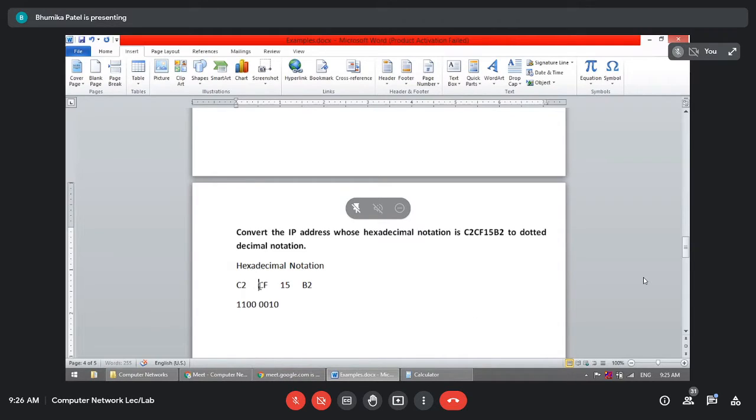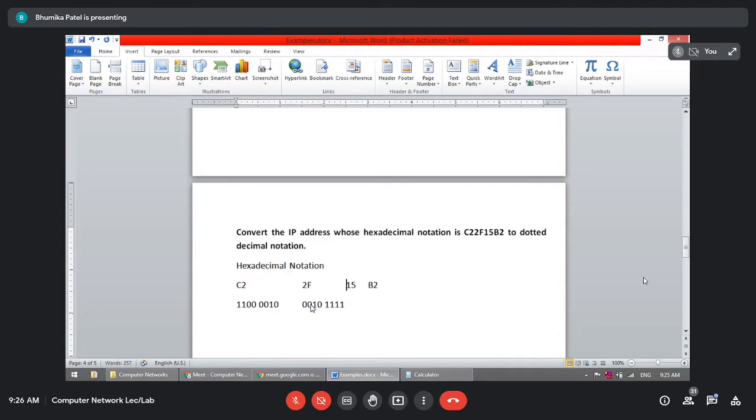Next is 2F, right? Sorry, it is not CF, it is my mistake. In the question it is 2F. But I'm taking 2F, so it is 0, 0, 1, 0. And F means all are ones, that is 15, right?